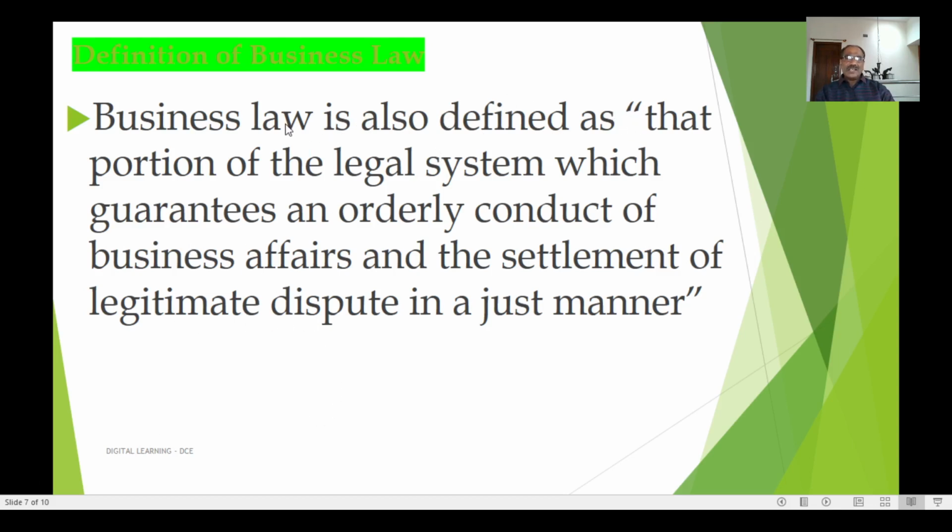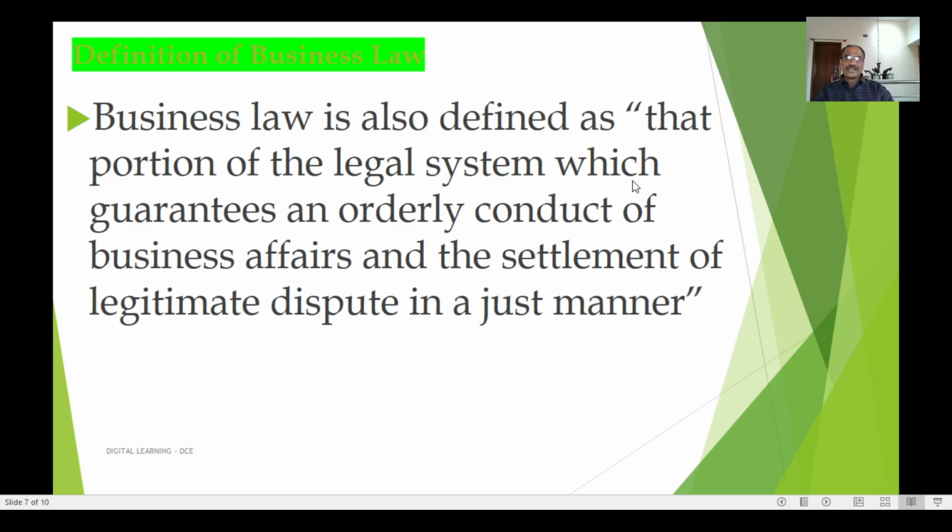Because business law consists of the rules and regulations relating to business, it consists of legal rules. Therefore business law is a system, called the legal system, which is to be followed by all business people, and which guarantees an orderly conduct.